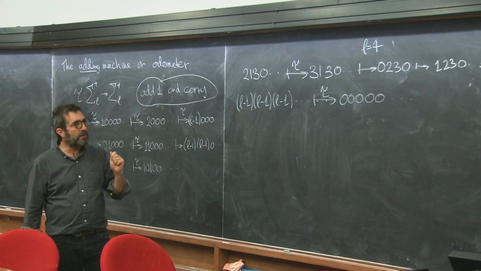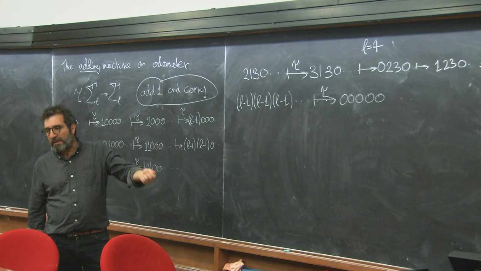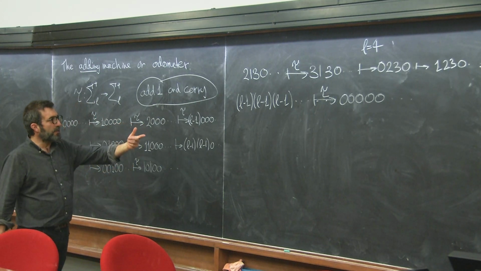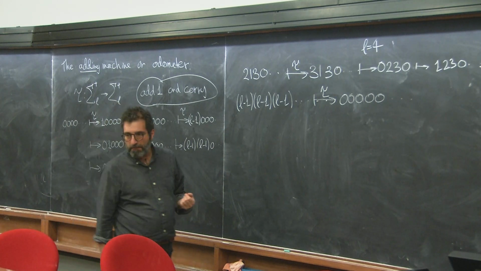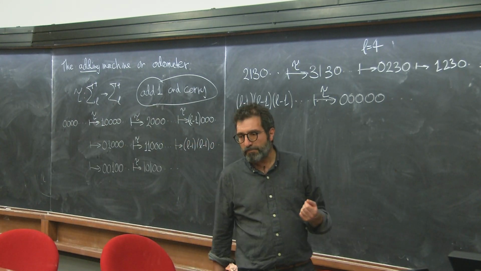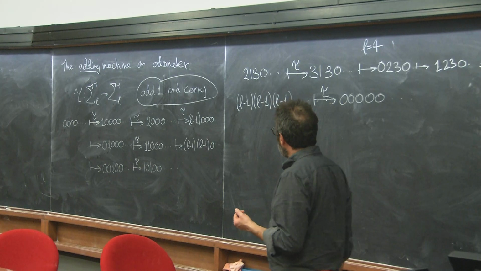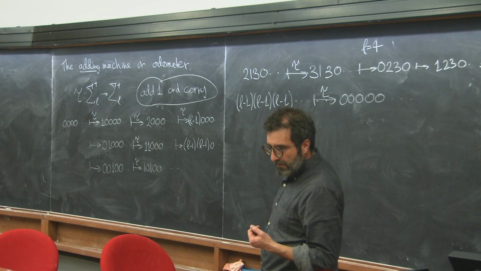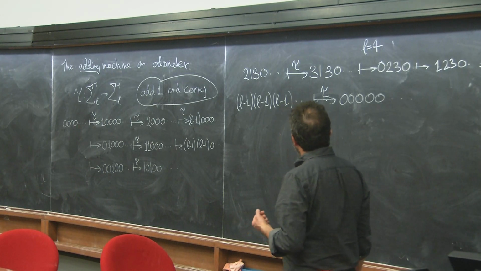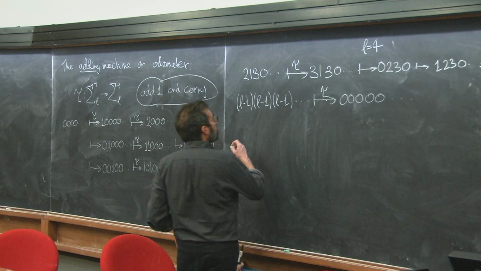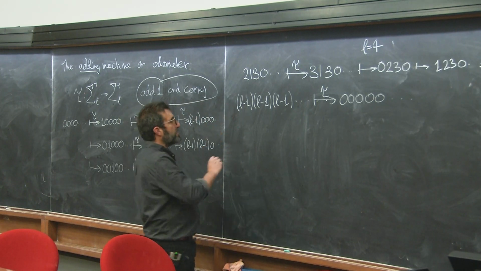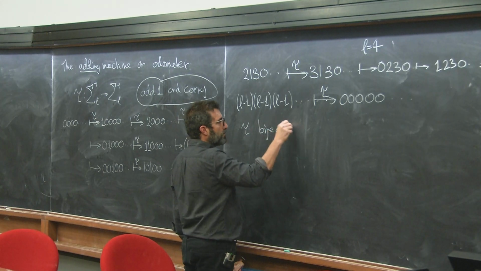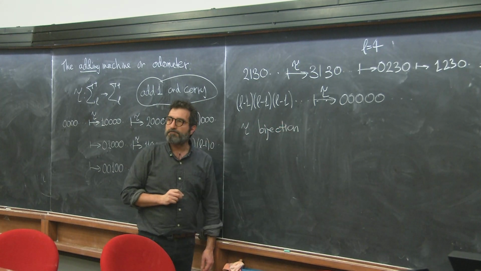We can easily define the inverse of this map, right? Okay, so it's easy to check. So you should think about this at home. The tau is a bijection. Is it continuous?